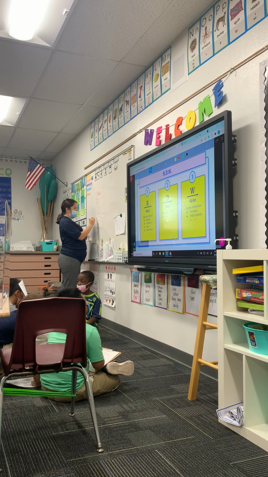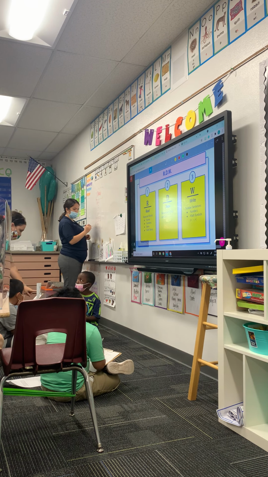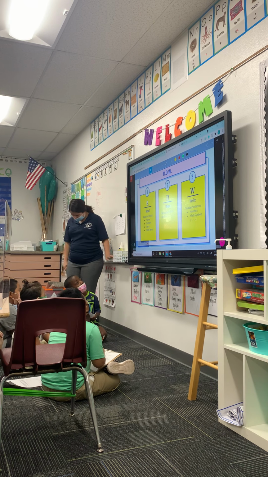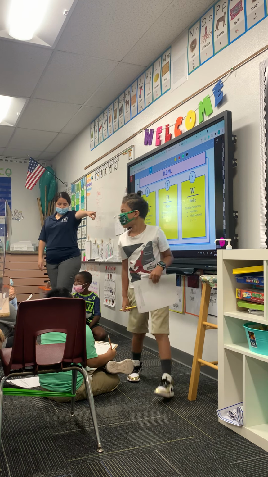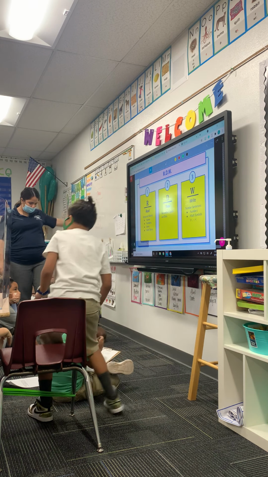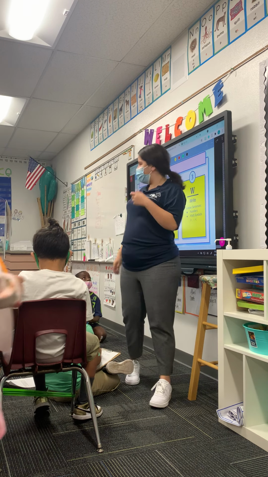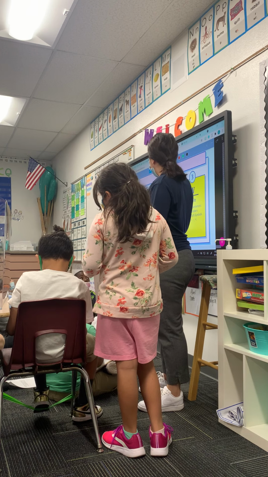I can do my bar model that we learned in some of our groups. Turn around, face the board. So you can do whatever you want. You can write what I wrote up here, or draw what I wrote over here. Remember we did that in our small group, Evan?